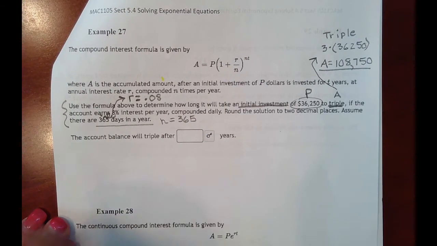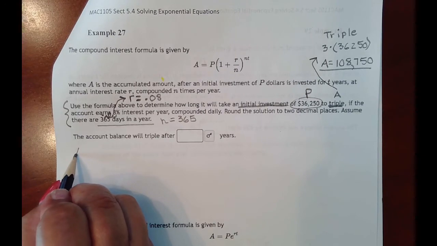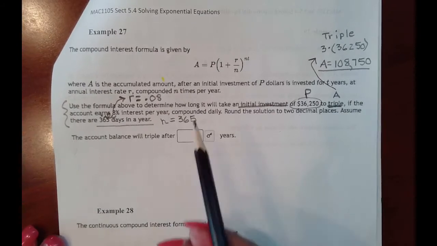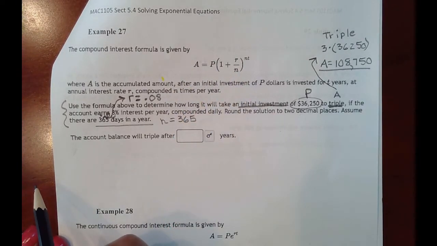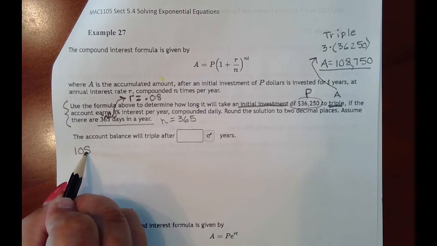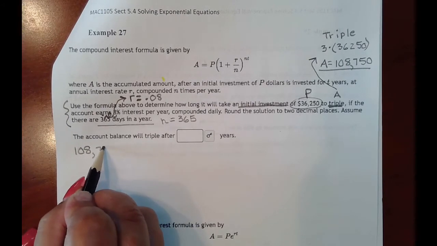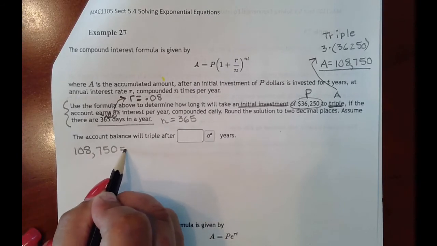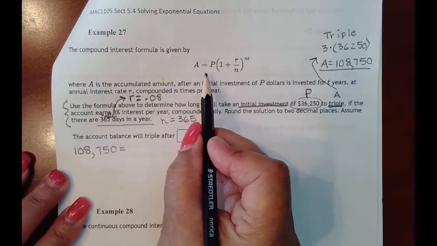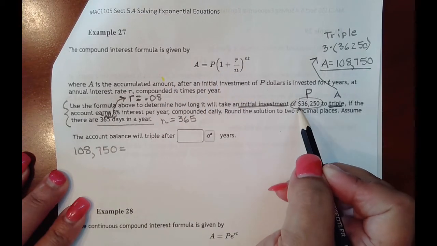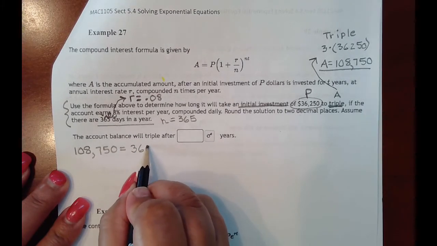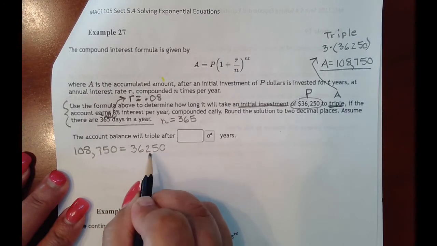Okay, so here we go with the work. We're going to start it right here. Just to conserve space, I'm not going to write that formula all over again. We can just look at it right here. So final amount is this tripled amount. It's 108,750. Okay, then we're going to come to the other side. The principal is 36,250.